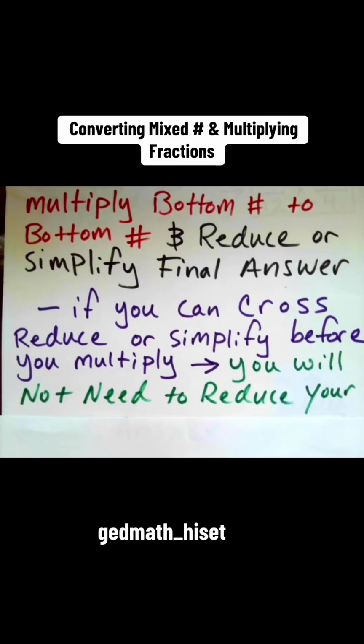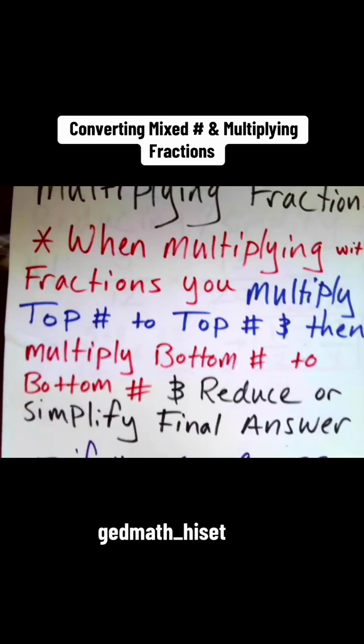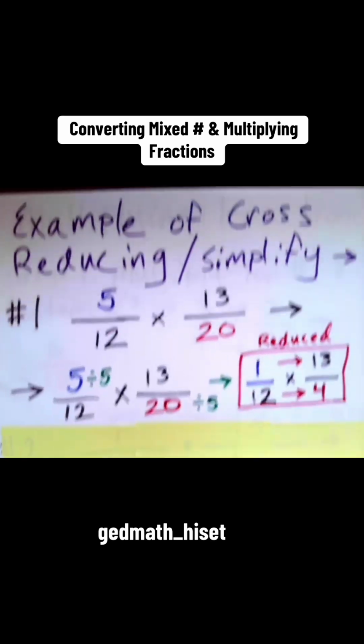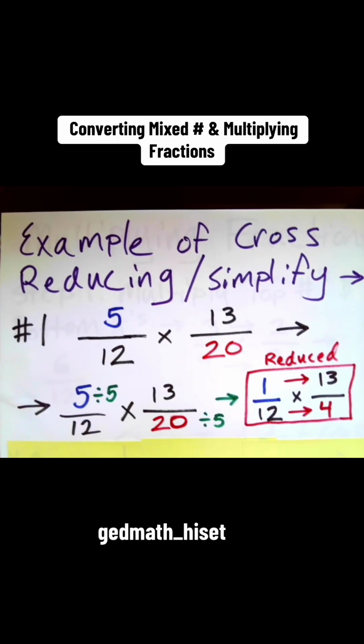But if you perform the cross reduction or you simplify prior to multiplying, and you do it correctly, then you will not need to reduce your answer. So let's go ahead and take a look at some examples of reducing or simplifying.